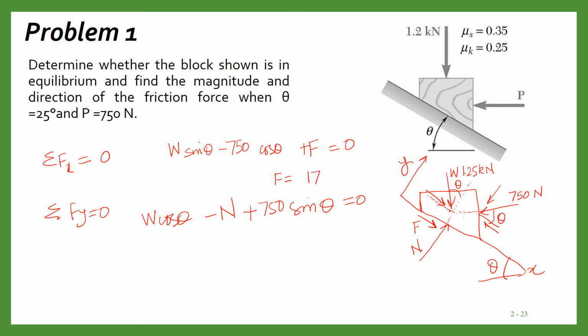So we just need to solve the two equations, then we will get F as 172.6 Newton, and N you can calculate from the second equation, that comes out to be 1404.5 Newton, okay.